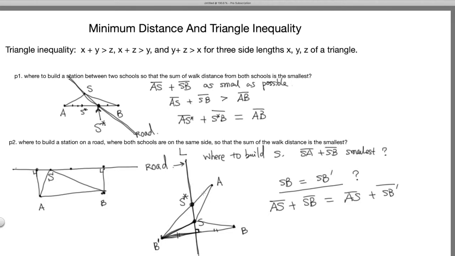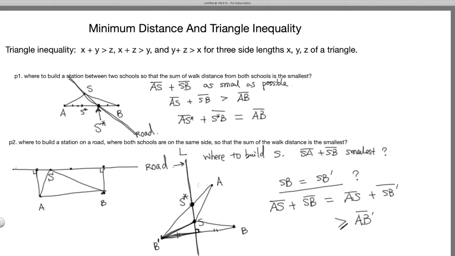A different way you can see is my AS plus SB prime is always going to be bigger than AB prime. Actually bigger than or equal to. And this equality happens when I'm actually choosing the S on this line segment of AB prime, which is going to be this point.